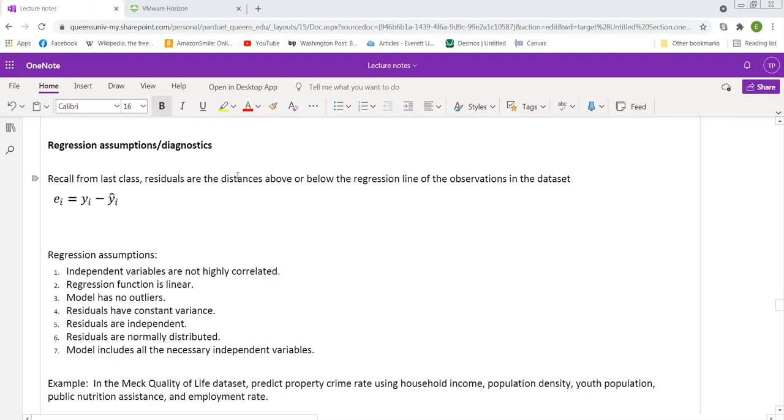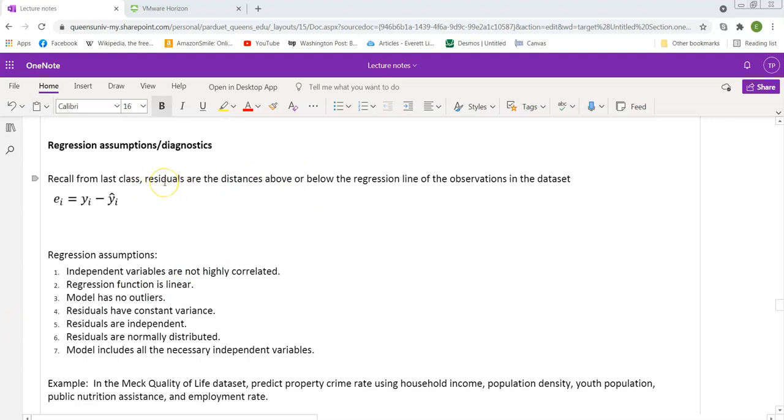We're going to look at these just one at a time, and then on Thursday we're going to pull it all together and talk about what the process looks like of actually doing all this and coming up with a final model. So to get started, a lot of these assumptions have to do with the residuals. So I wanted to take just a minute to remind you what the residuals are.